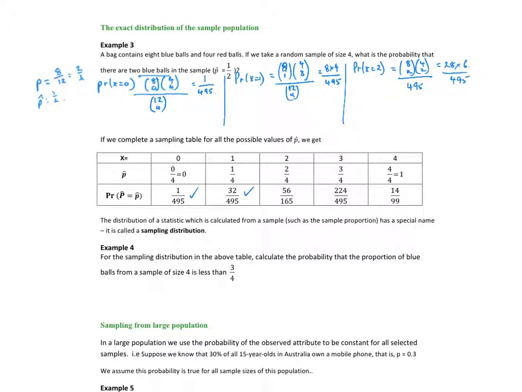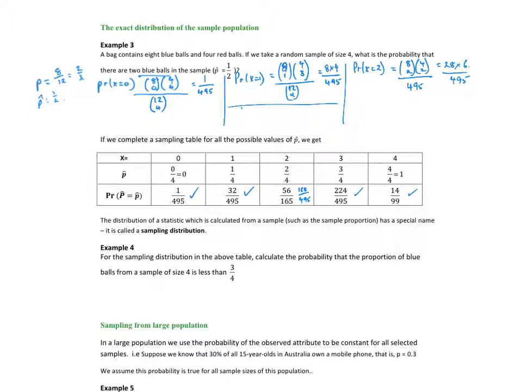And 6 times 28 is 168, so 168 over 495. If I divide them both by 3, that'll cancel down. If I do the same thing all the way through, I'm going to get these answers here.